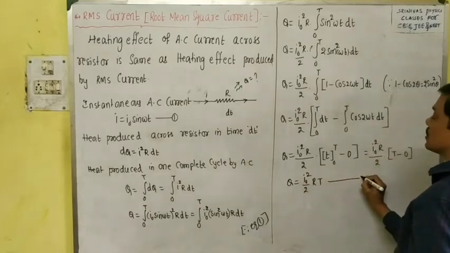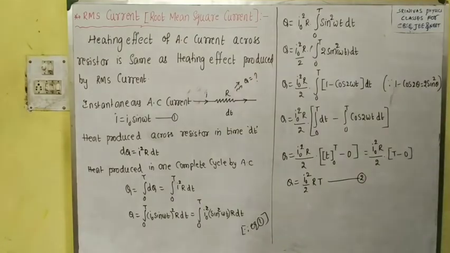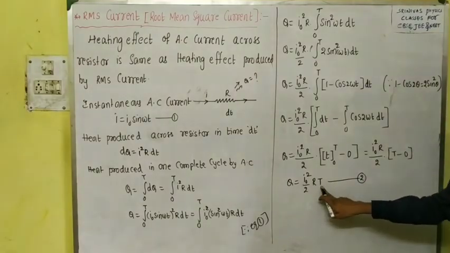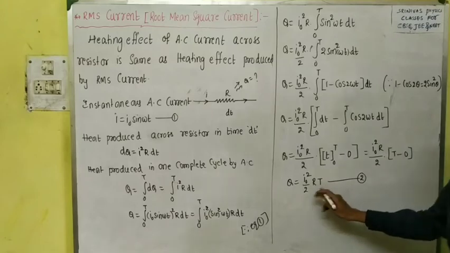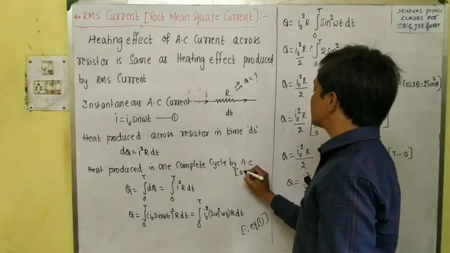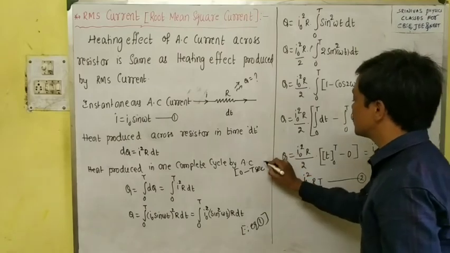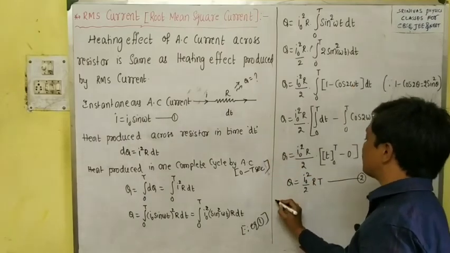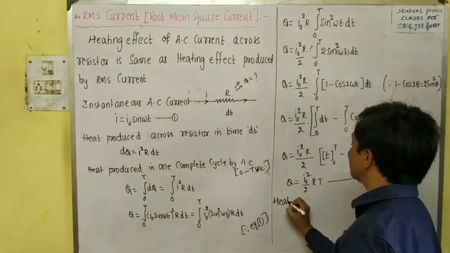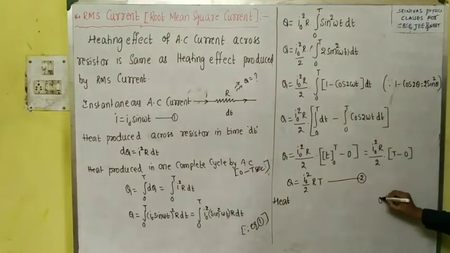This is equation 2. Heat produced in complete cycle in time period capital T. Complete cycle means 0 to T seconds. Here we got this much heat. But heat produced by RMS current we write like this, equivalent. Actually in the DC circuit, heat produced formula is I square RT.